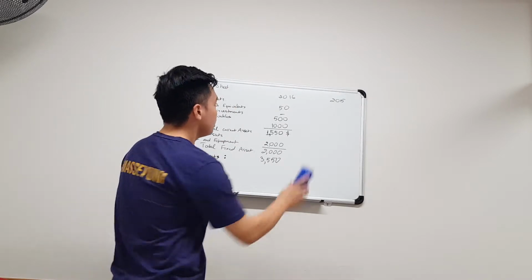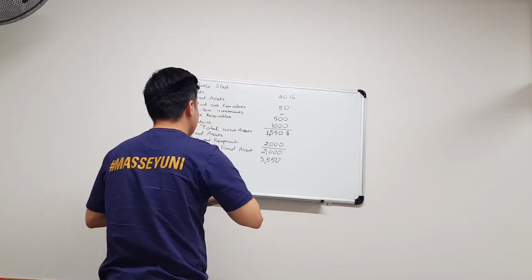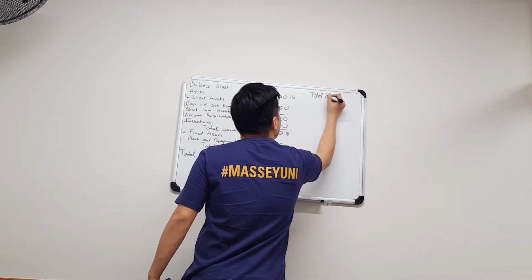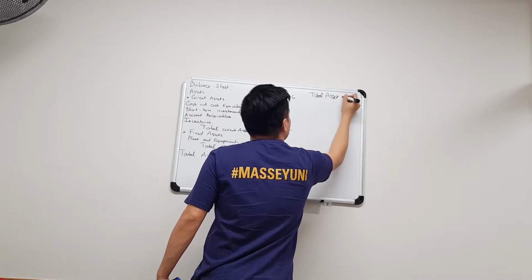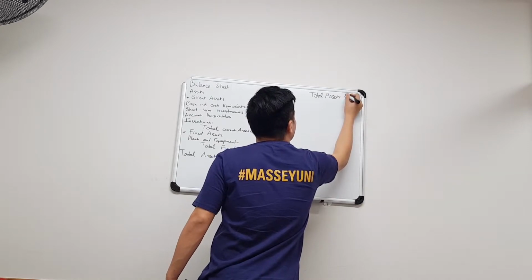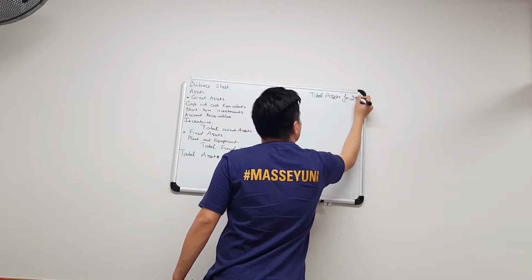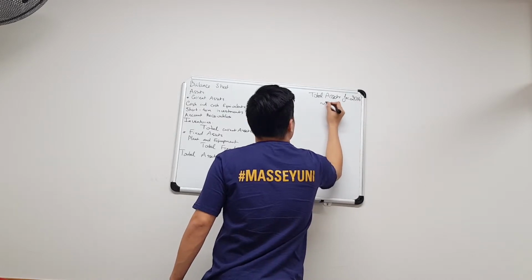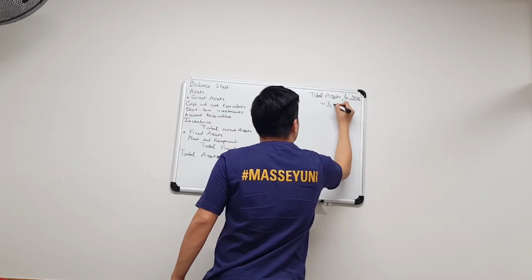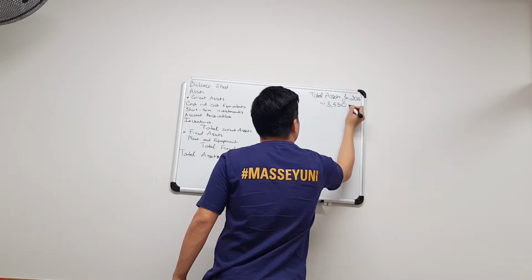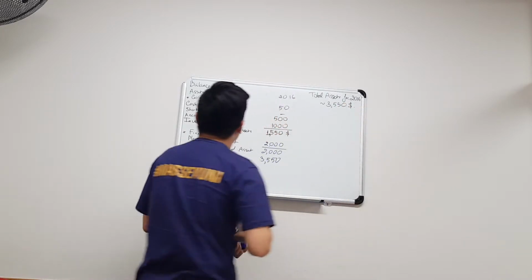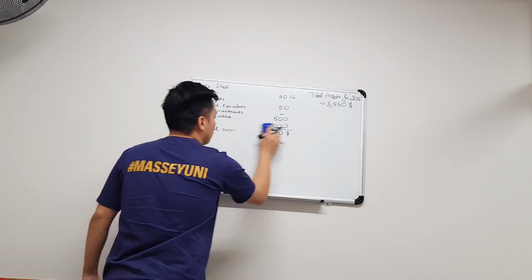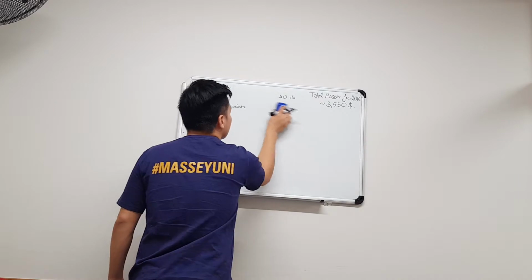You remember here we have total assets for 2016 of $3,550.